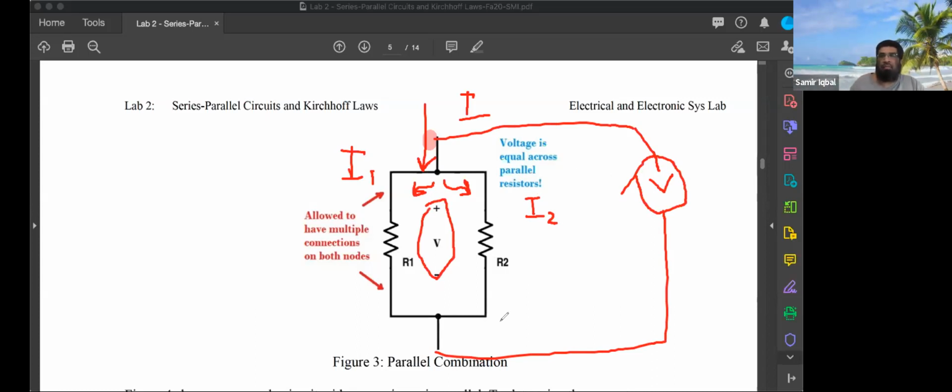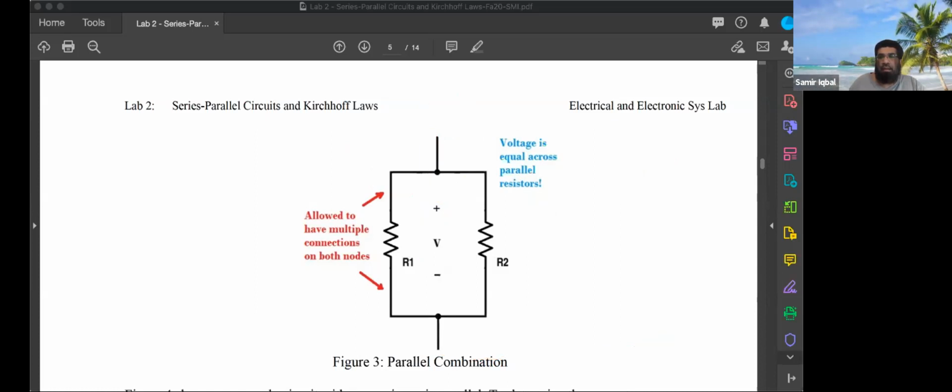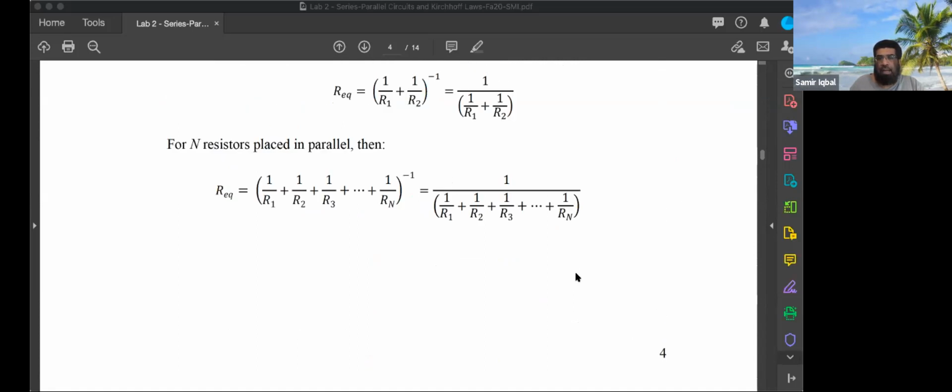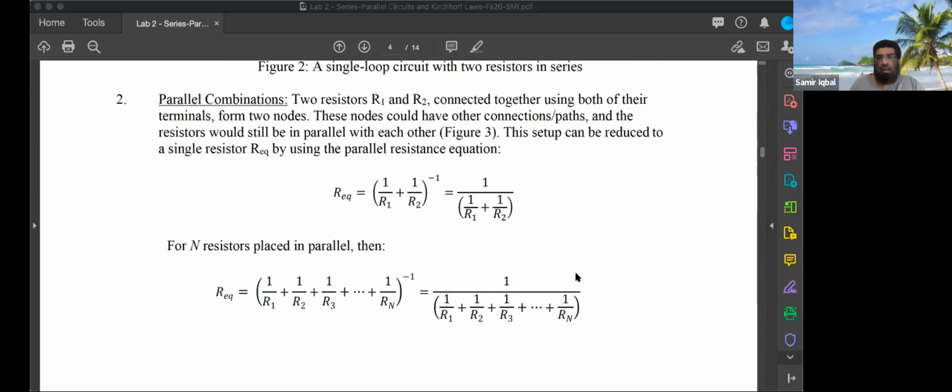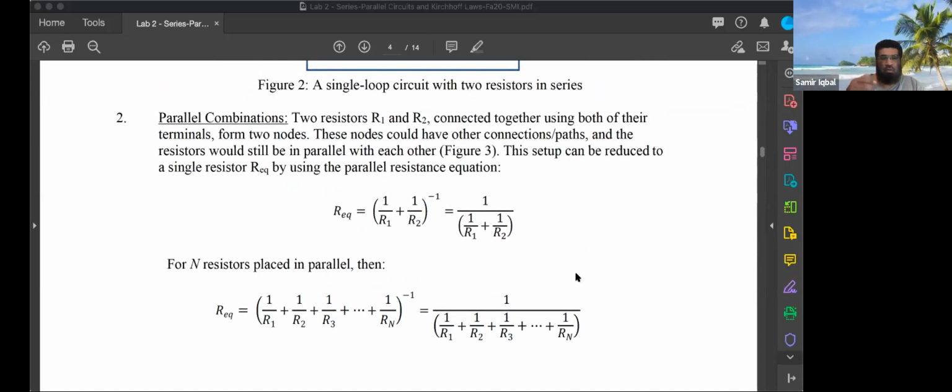Now, the treatment for this one is that we calculate the equivalent resistance by taking the inverse of their 1 over R. What do we call it when you put something in the denominator?